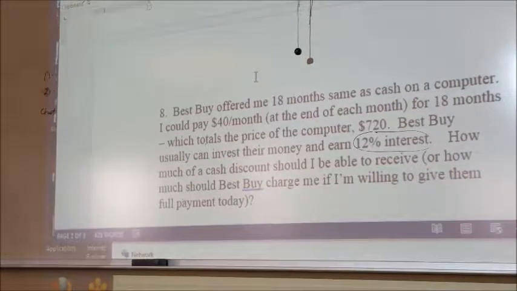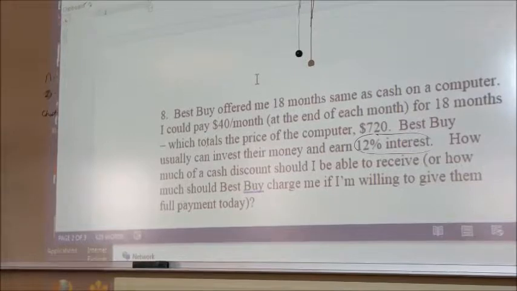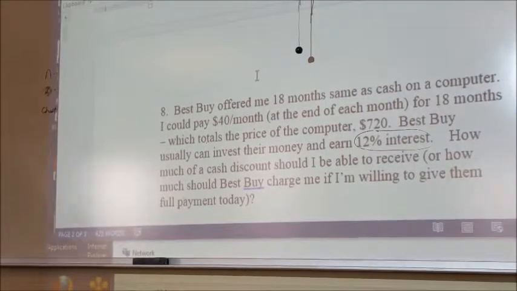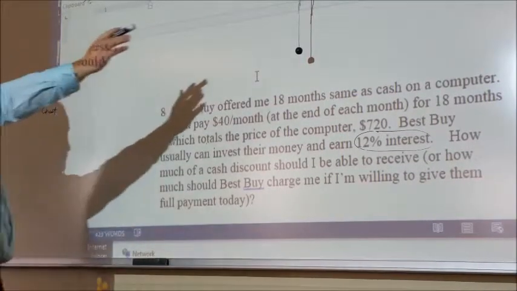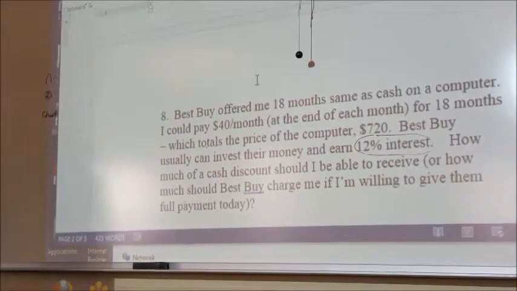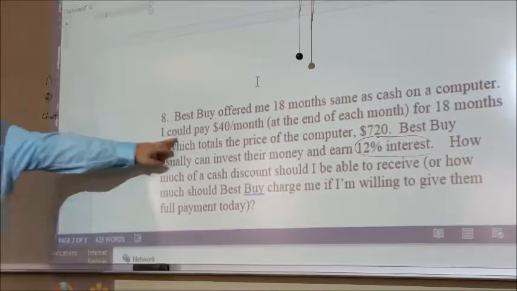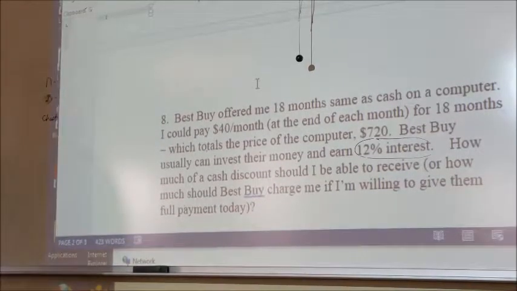I didn't do this all in one day. I went and checked it out and went home, did the calculations, did the proof, and then I went in and talked to the manager. How much did I offer Best Buy to be able to pay for this computer?